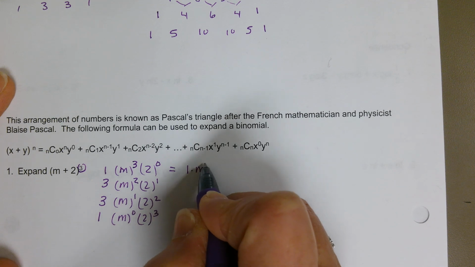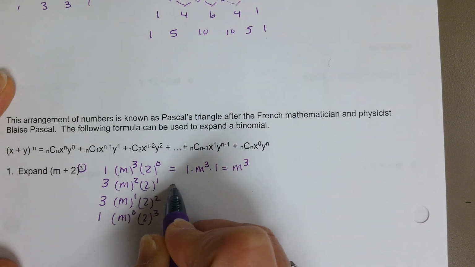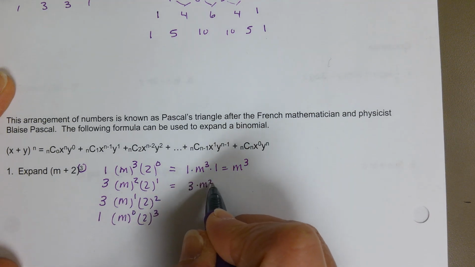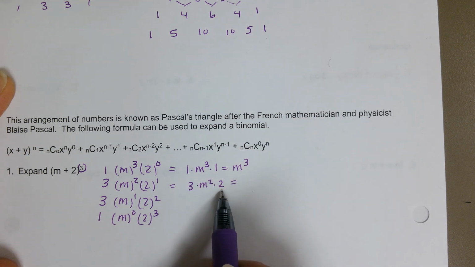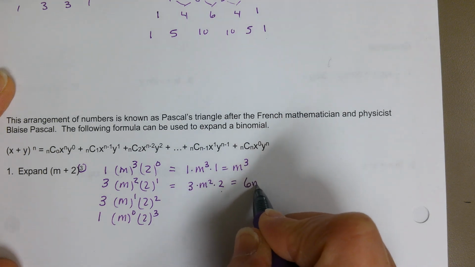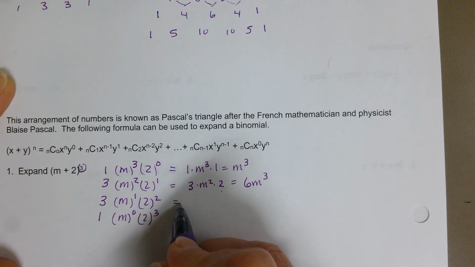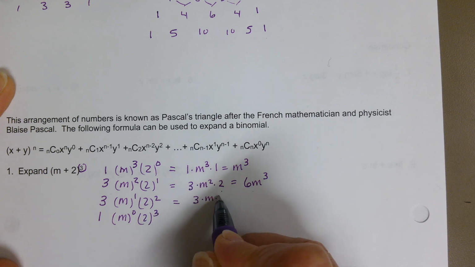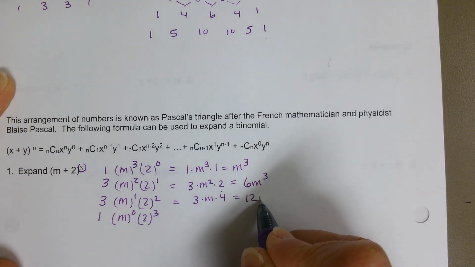That's 1 times m cubed times 1, which is m cubed. 3 times m squared times 2 to the first, which is 2. So this is going to be 6m squared. Next, 3 times m times 2 squared, which is 4. 3 times 4 is 12, 12m.